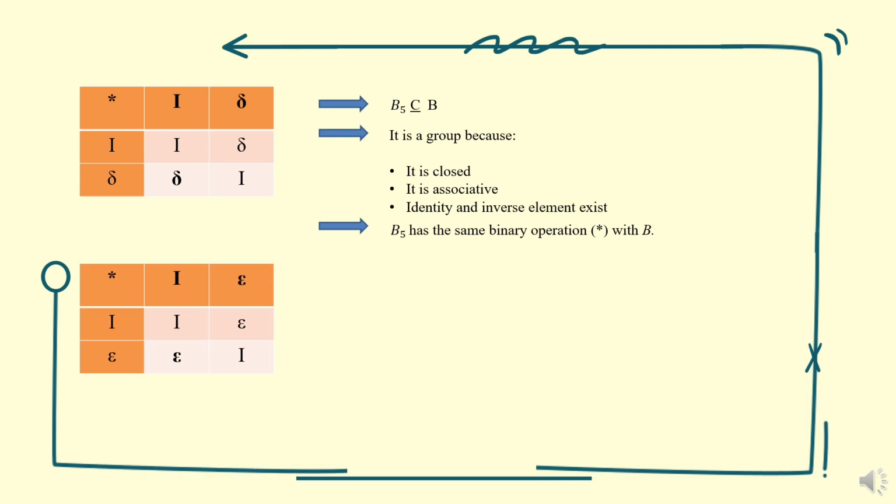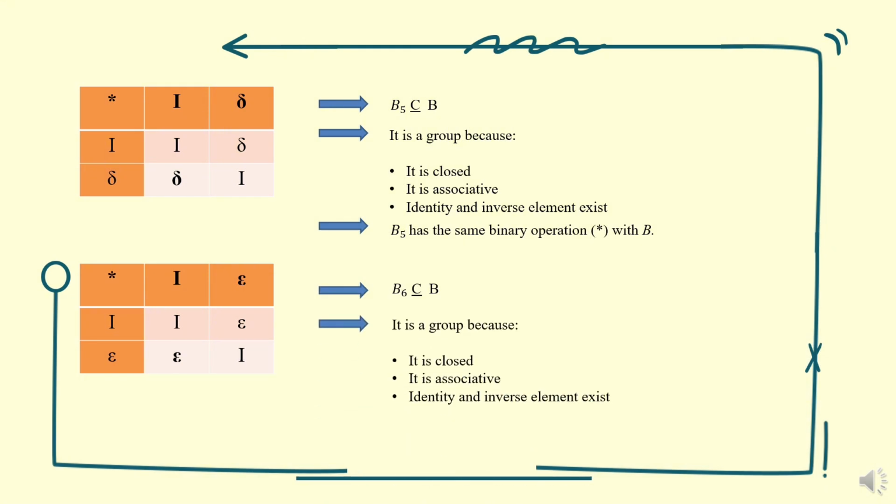So next one, the set of 1 and epsilon under the binary operation star is a proper subgroup. This is the B sub 6 is a proper subgroup of B. Yes. Why is this a group structure? This is a group structure because it is closed.